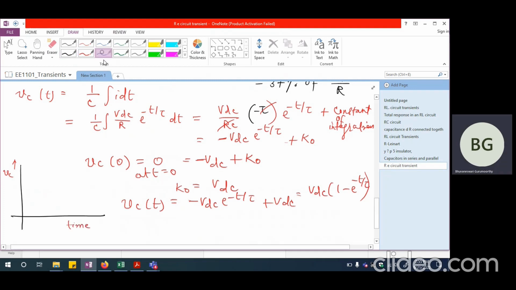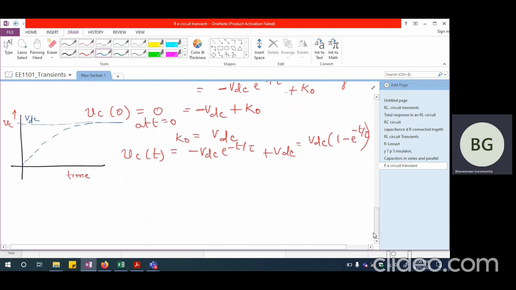I'm going to have the voltage rising from 0 and reaching the maximum value like this. This maximum value will be VDC itself, whatever is the source voltage that I'm connecting across the RC series connected components.